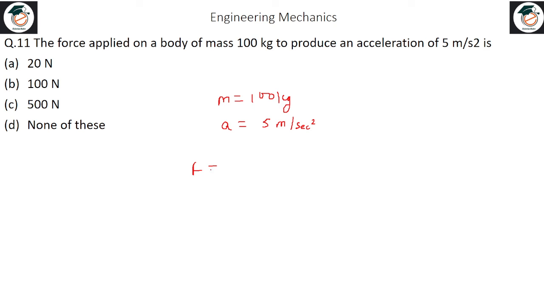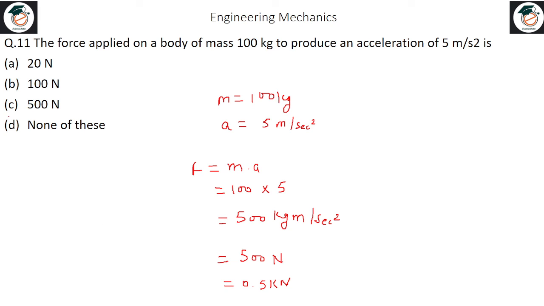We know the formula F equals m a, so the answer is 500 kilogram meter per second square, or simply 500 Newton or 0.5 kilonewton. The correct option is option C.